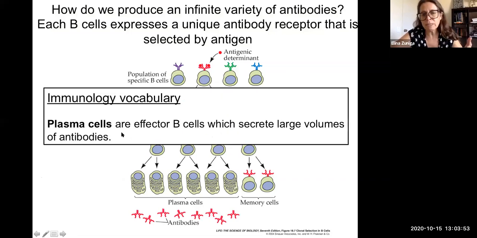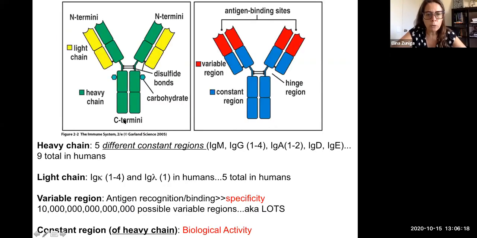The plasma cells, we already know this, are effector B cells which secrete large volumes of antibodies. And that's why they have this massive endoplasmic reticulum depicted in this cartoon, because they need to produce a lot of protein, okay?